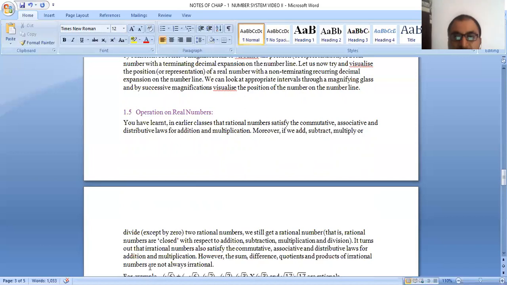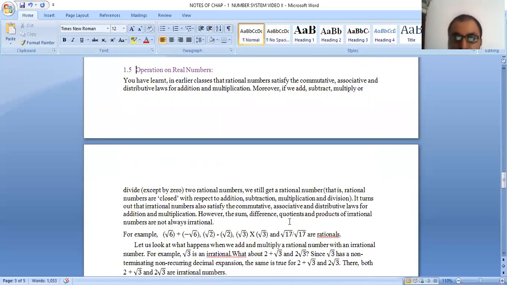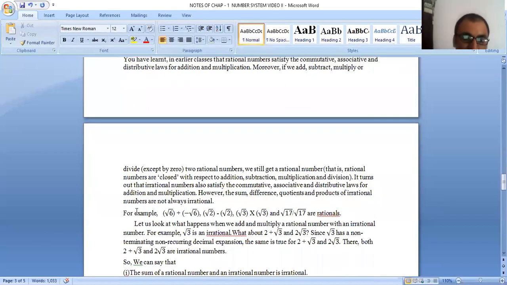However, the sum, difference, quotients, and products of irrational numbers are not always irrational. It means the sum, difference, quotient, and product of irrational numbers are not always irrational. It may be irrational or rational. Now, I am going to give you some examples.